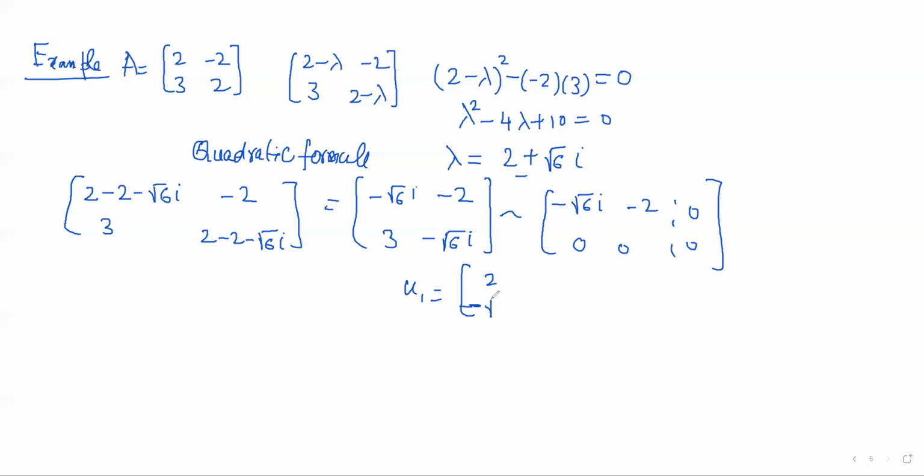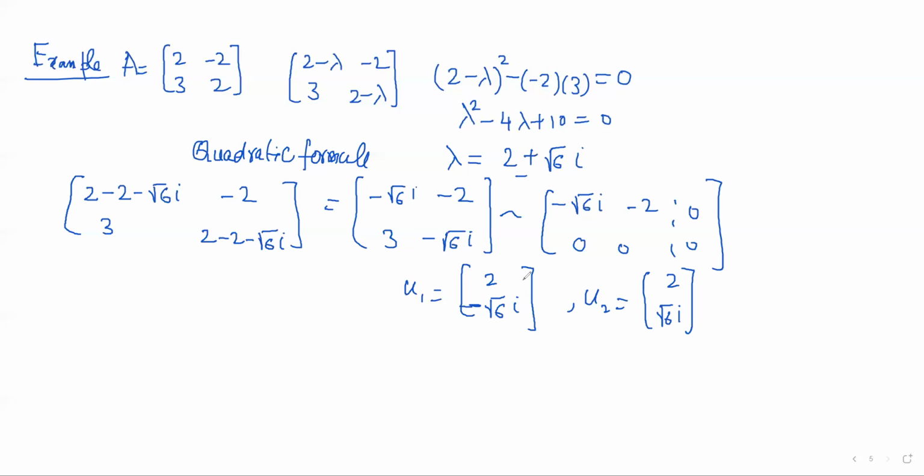I am skipping some steps in between, but these are very easy and very similar to the real case. Applying the other conjugate value for the complex number, the second eigenvector will be simply (2, root 6 i).